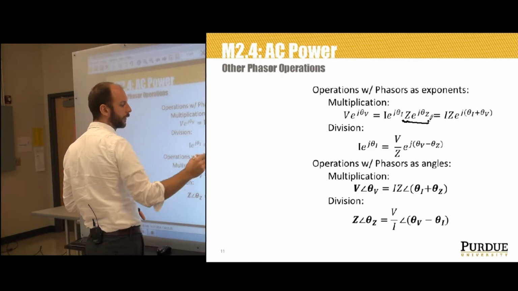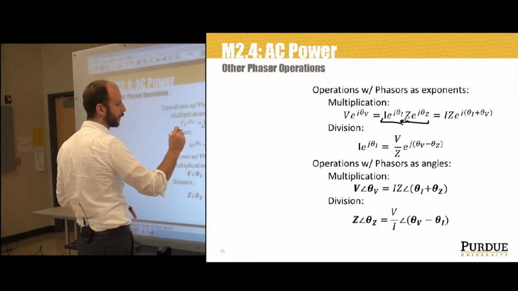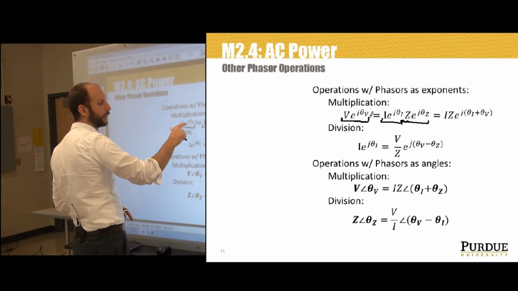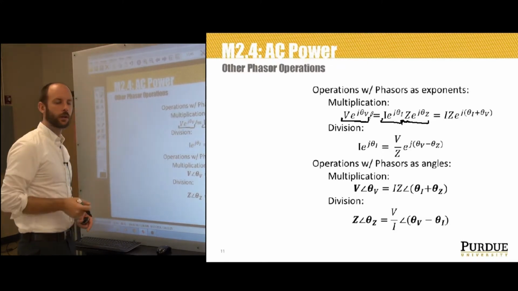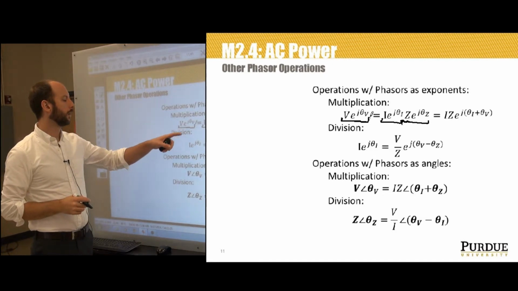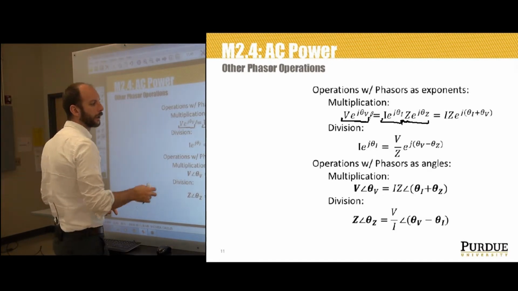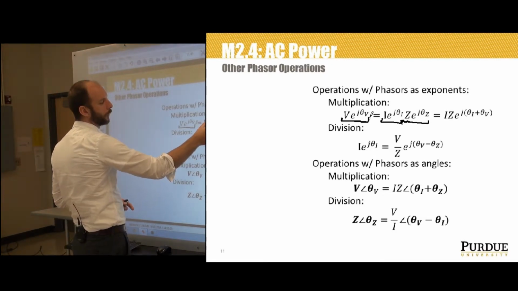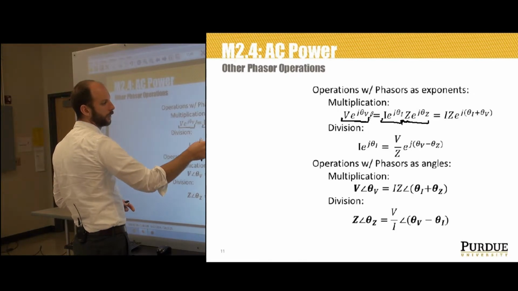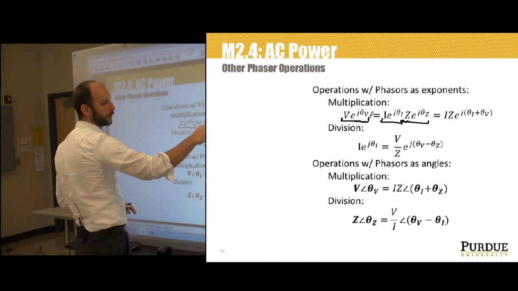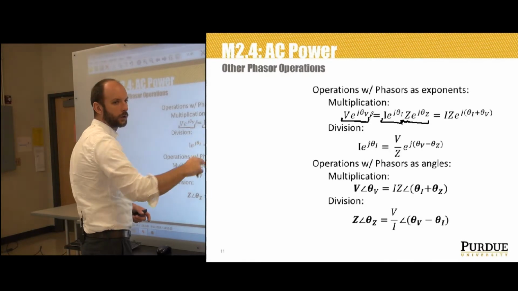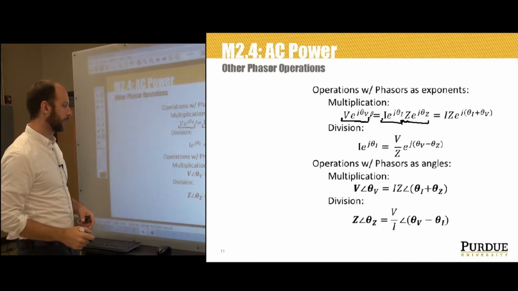We should never call that a phasor. So it's quantity 1, quantity 2. Voltage V equals I times Z, and here we've written them in terms of their exponential form, V e to the j theta sub V. What we're showing here is if we multiply exponentials, we multiply their magnitudes, we add their angles, right?